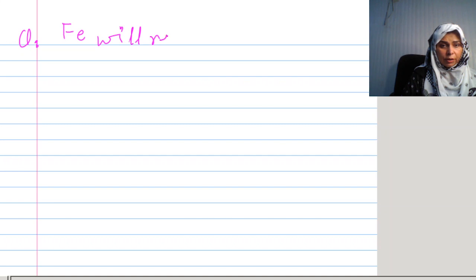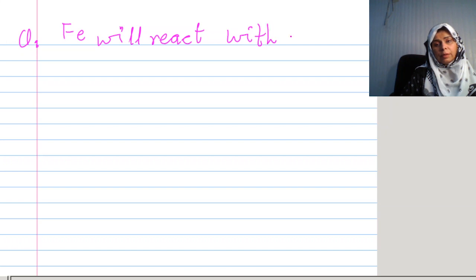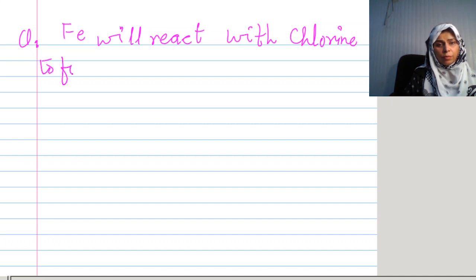Question is, iron will react with chlorine to form iron 3 chloride, but I am writing the formula here.